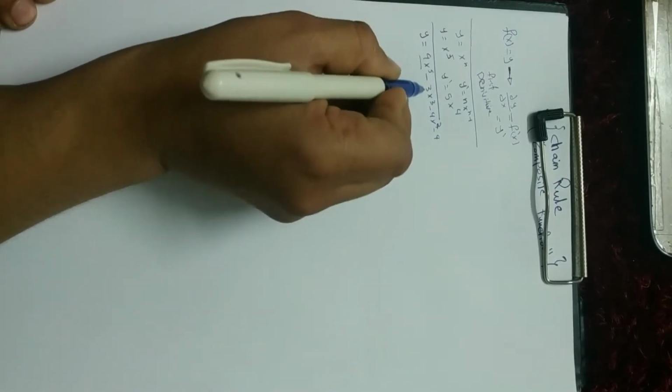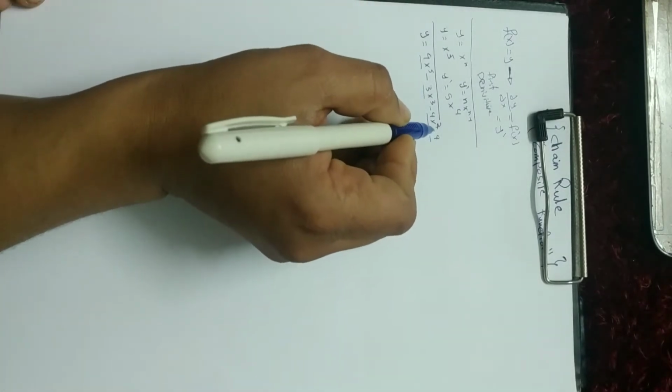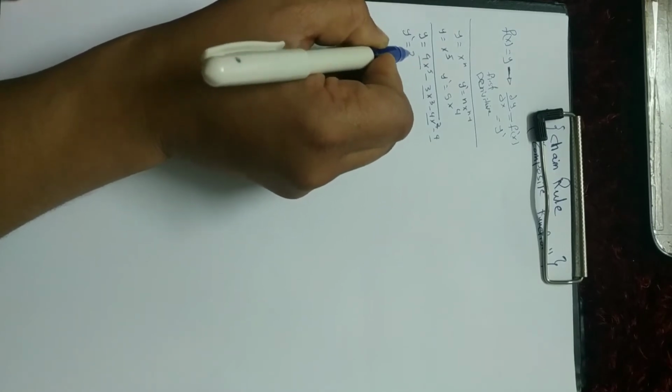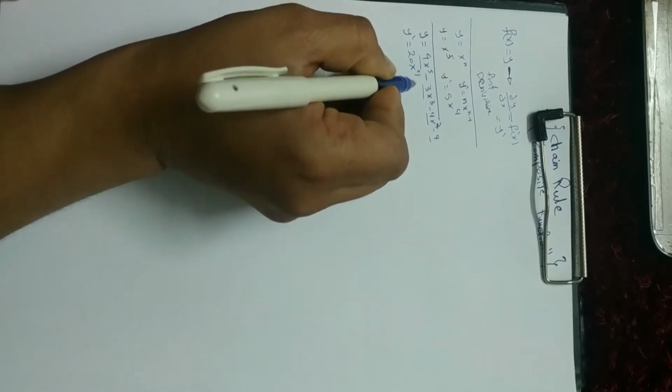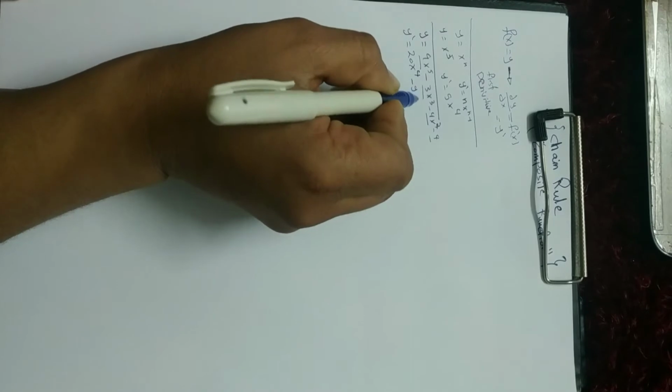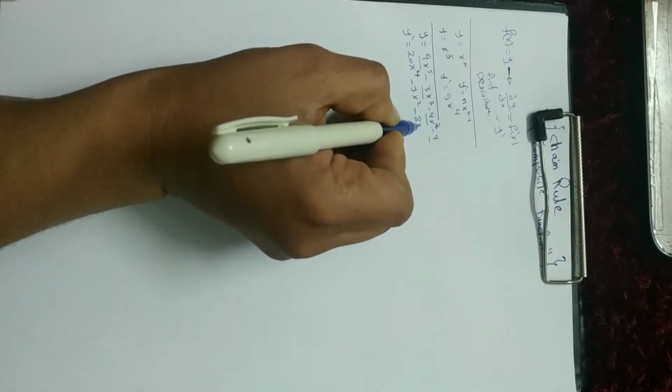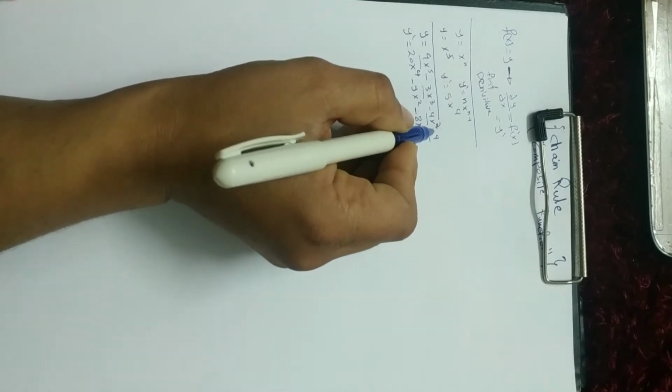We find each function separately its derivative. So y prime will be 20x^4 minus 9x^2 minus 8x, and the derivative of the constant function will be 0.